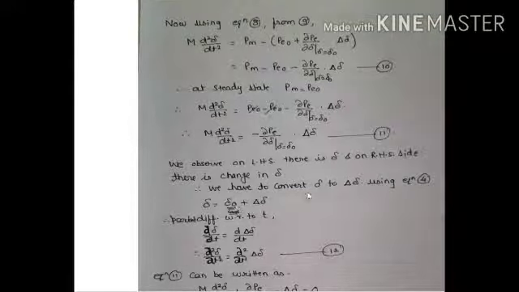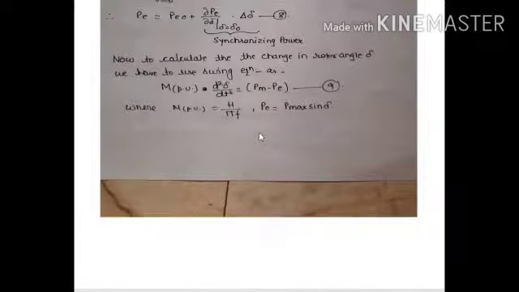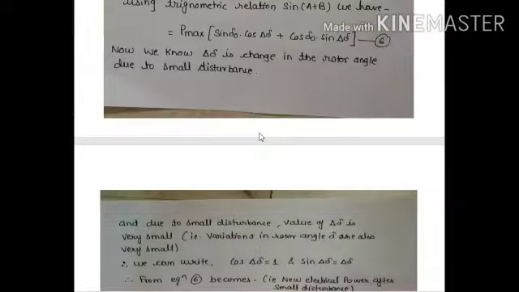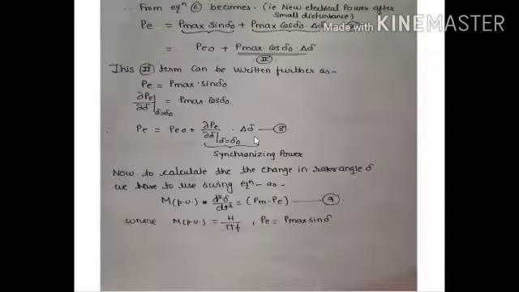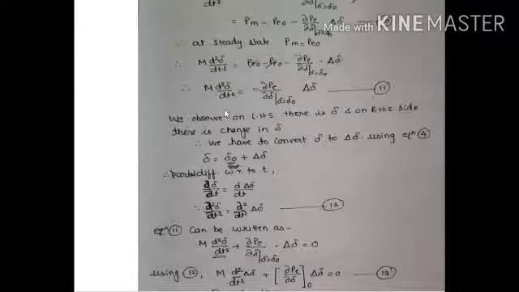So what do we do? We have to convert this delta to del delta using equation 4. What is equation 4? Let us see here. Equation 4, this one. Using this equation 4 we can write this term delta in terms of change in delta. So equation 4, as we had written, delta is equal to delta 0 plus del delta.